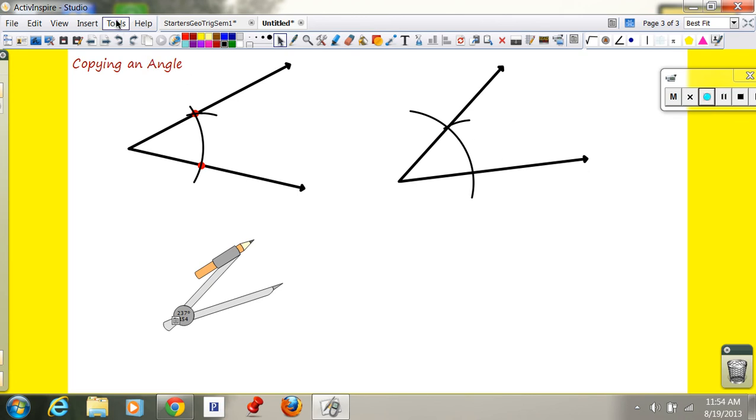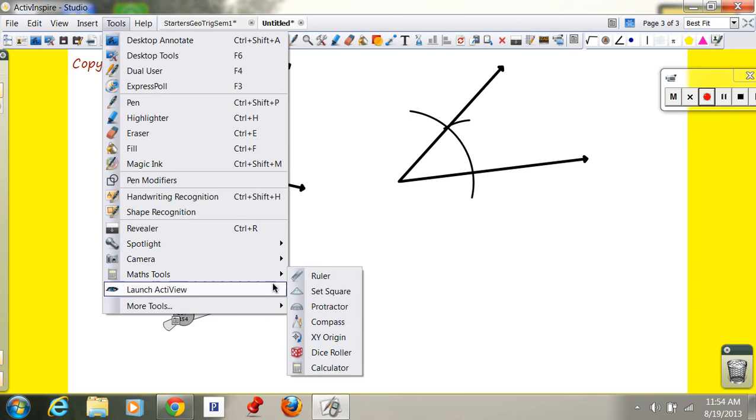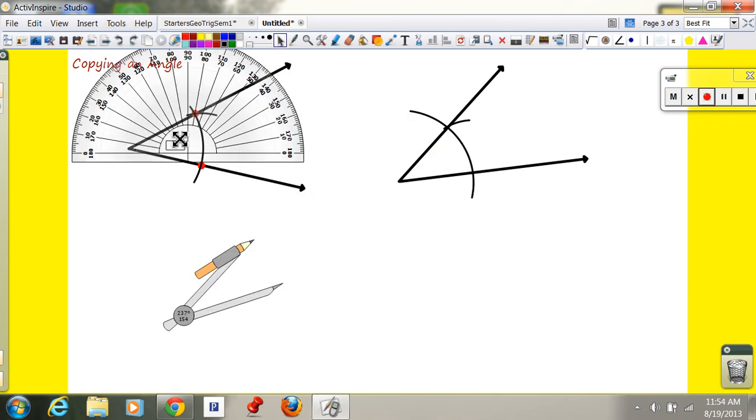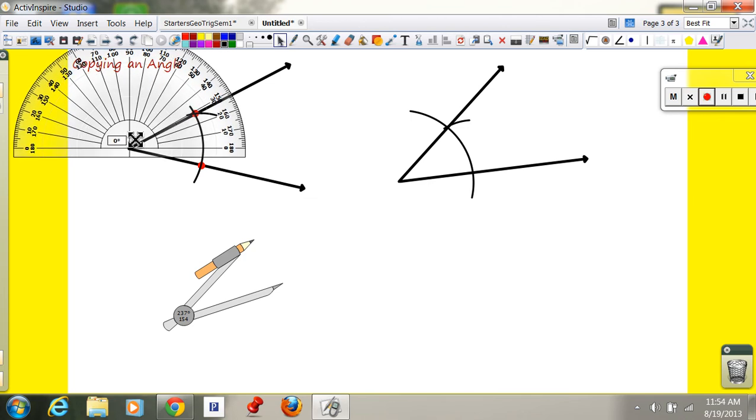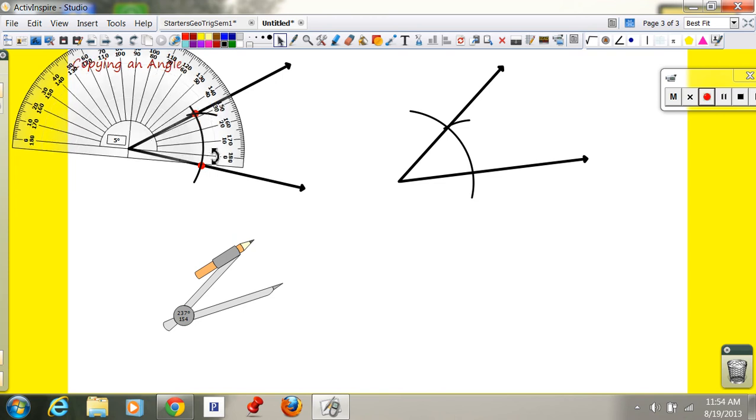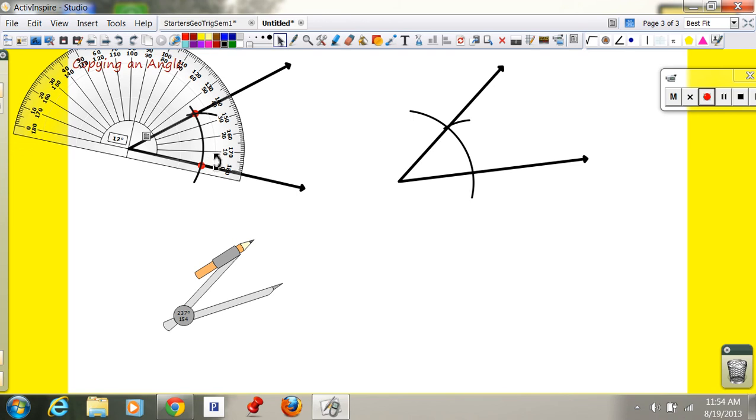You could actually take your protractor, which you should have. You don't have to do this, but you could if you wanted to. If you've got a little extra time while somebody's using the ruler and compass, you could be taking your protractor and measuring your two angles and seeing if they came out the same. So my first angle is exactly 40 degrees.